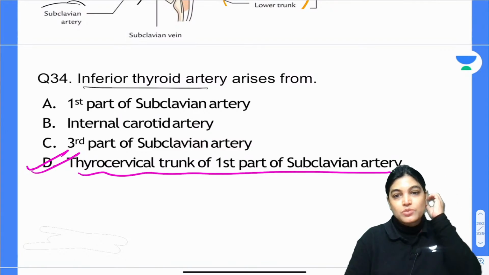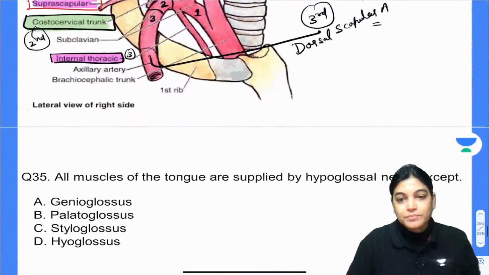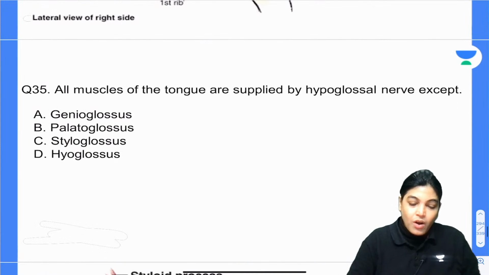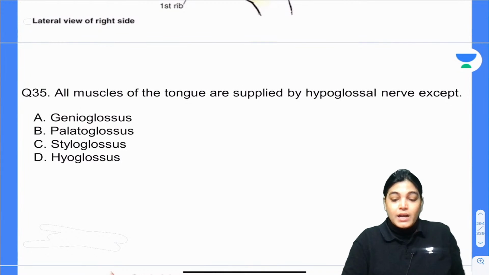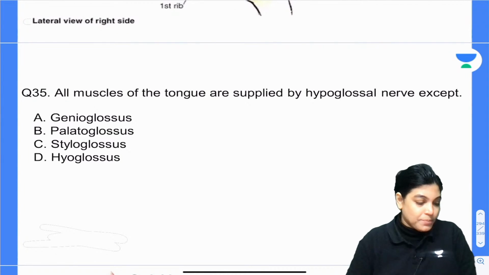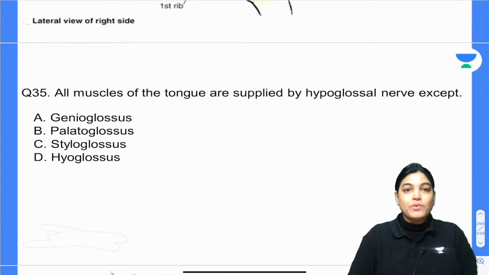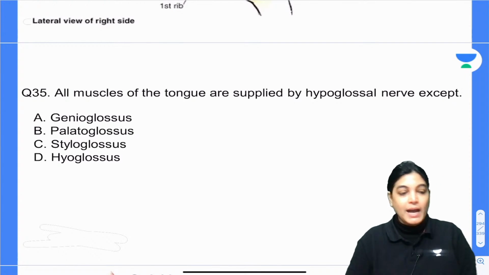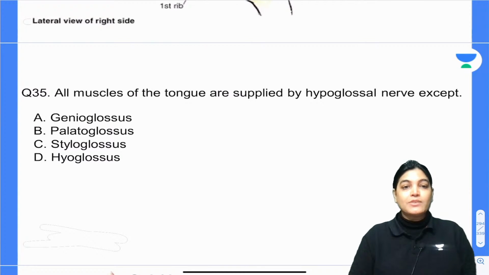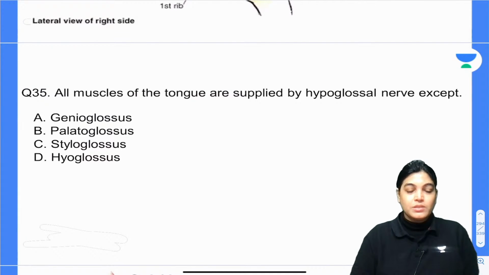Let's move on to the next question, number 35. Now, all muscles of the tongue are supplied by hypoglossal nerve except, easy one. Question number 35. All muscles of the tongue are supplied by hypoglossal nerve except genioglossus, palatoglossus, styloglossus, hyoglossus.